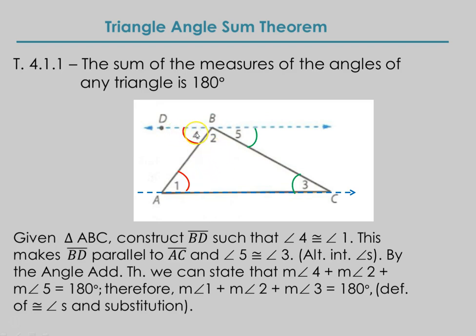If angle 4 is substituted with angle 1, which they're equal, and angle 5 is substituted with angle 3, this means for both the straight angle and for the triangle, angle 2 is also congruent. This is the proof of a triangle that tells us that adding angle 1 and angle 2 and angle 3 equals 180 degrees.